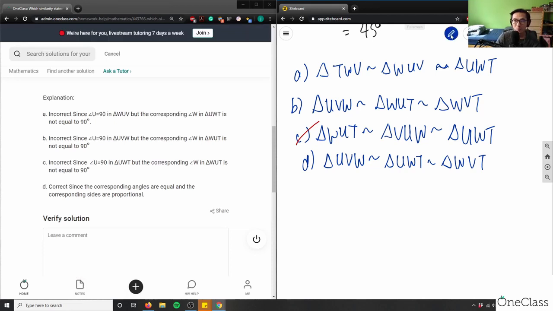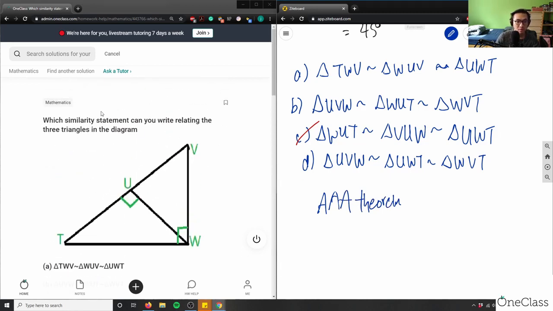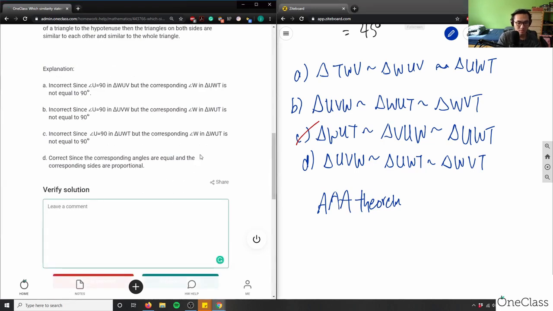Therefore, by AAA theorem. Actually, this is the AA theorem, and the solution didn't state this, because the question asked what theorem we are using, or what similar statement you can write. So actually it's by AA theorem, so we can say that D is correct. So good solution and logic.